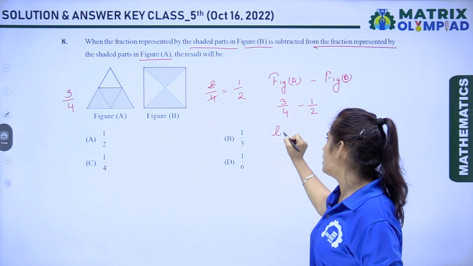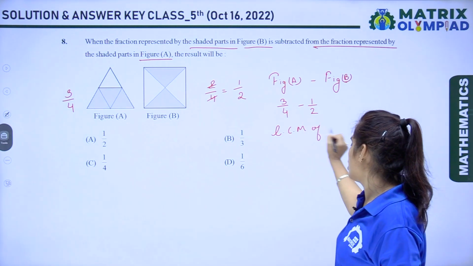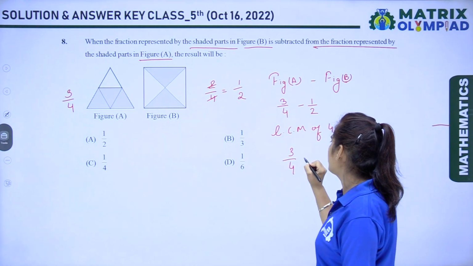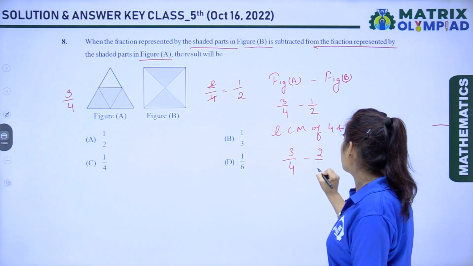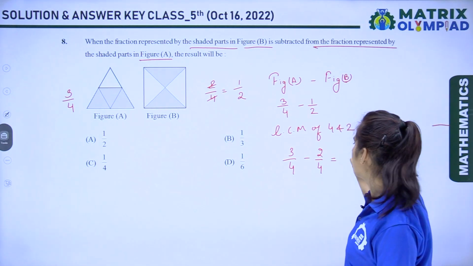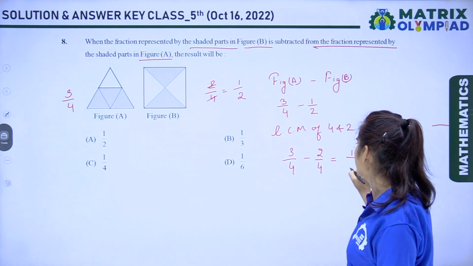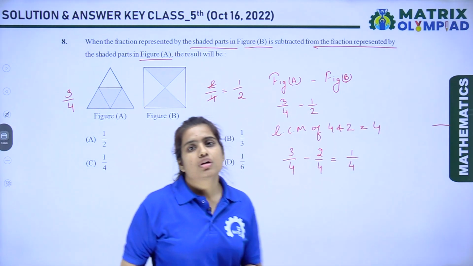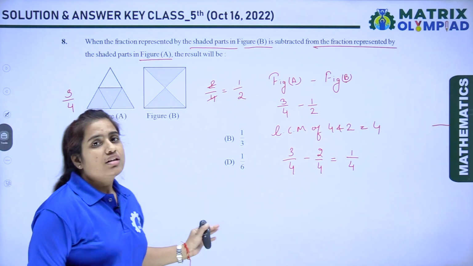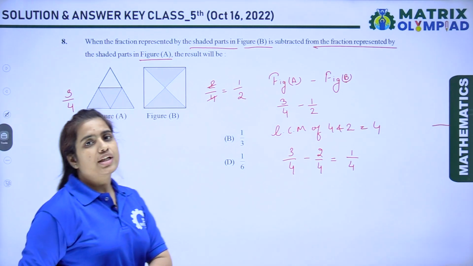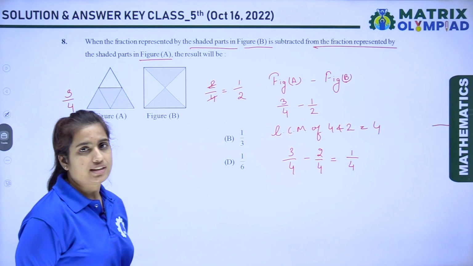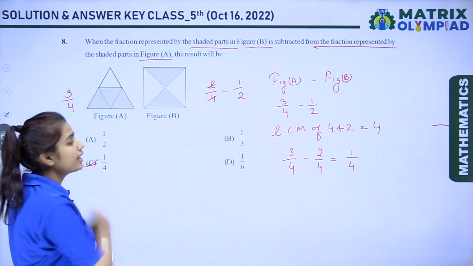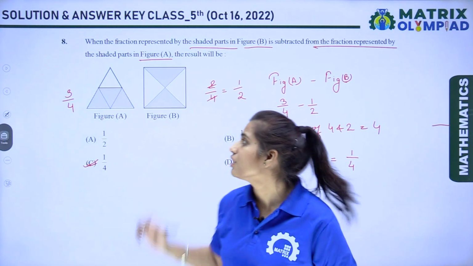After taking the LCM of 4 and 2, we get 3/4 minus 2/4, which means that after subtraction we get the difference, that is 1/4. So after subtracting the fractions of these two figures, we get 1/4 as the correct answer. So let's check the options. Here option C is the correct answer for question number 8.